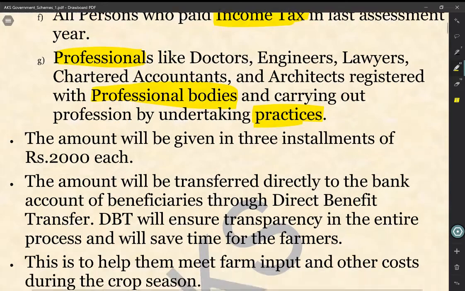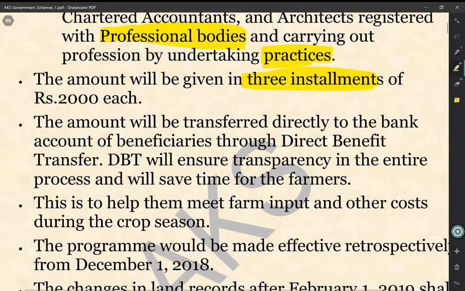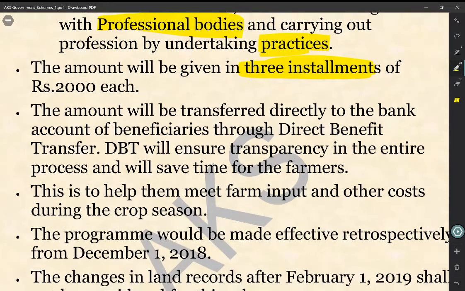If you look at the implementation of the scheme, the amount will be given in three installments of rupees 2,000 each. The 6,000 rupees of income support is given as three installments to the farmer families. One important aspect of the scheme is that the amount will be transferred directly to the bank account of the beneficiary through the direct benefit transfer scheme.